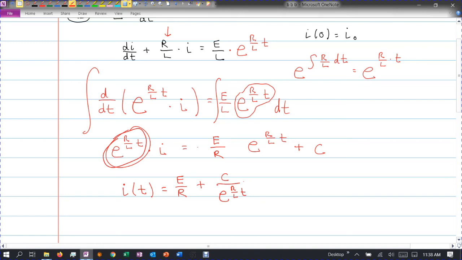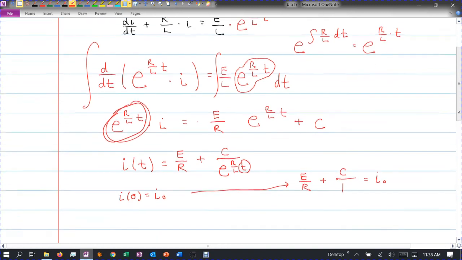We need to figure out what C is, but we're told that when we plug in 0, we should get I sub 0. So when we plug in 0 into this, it should spit out I sub 0, which means that when we do E over r plus C over, now I'm replacing this t with 0, which makes the bottom there 1, we should get I sub 0.